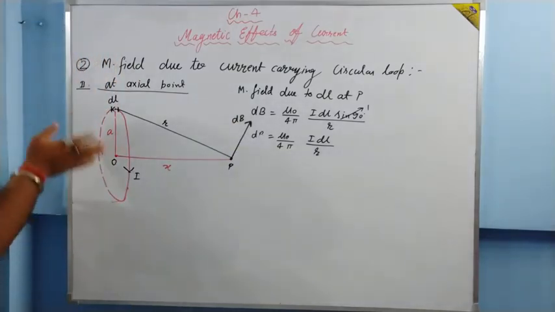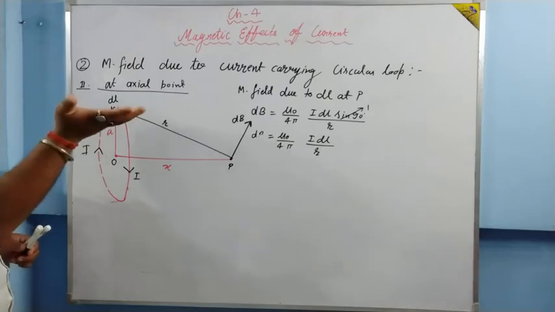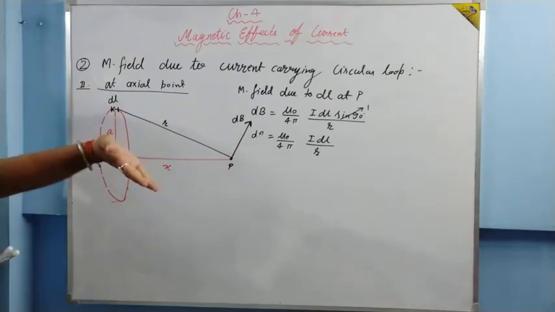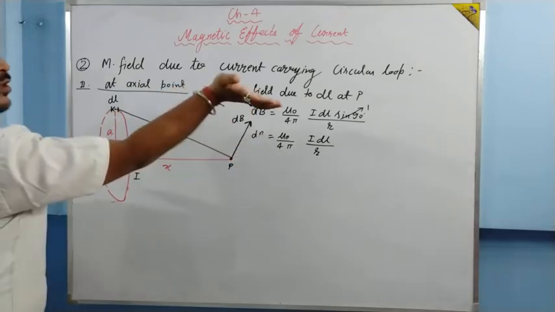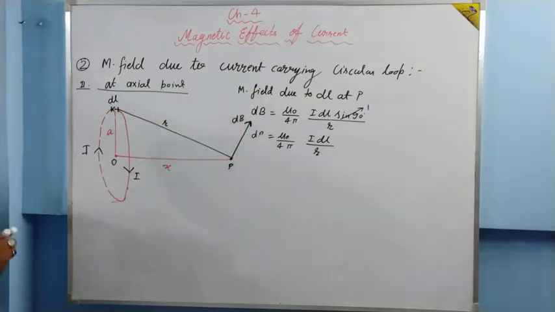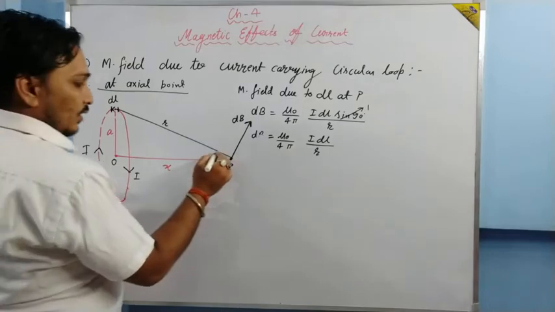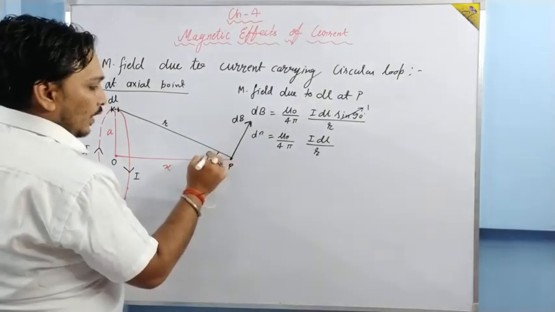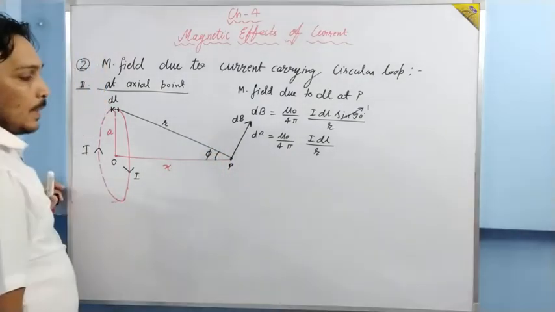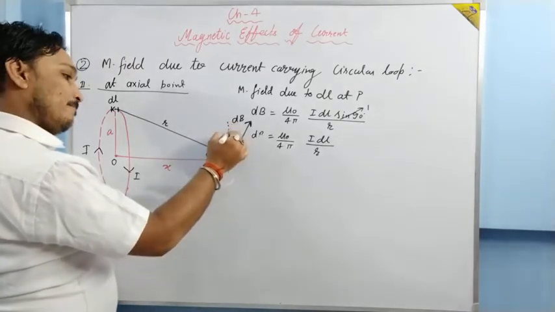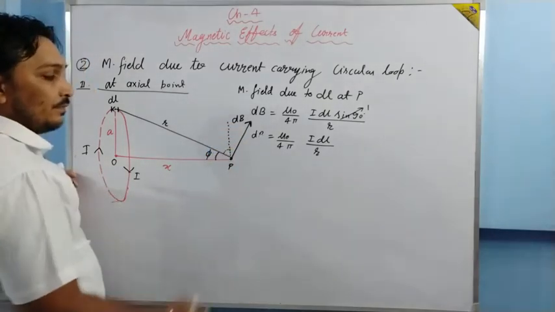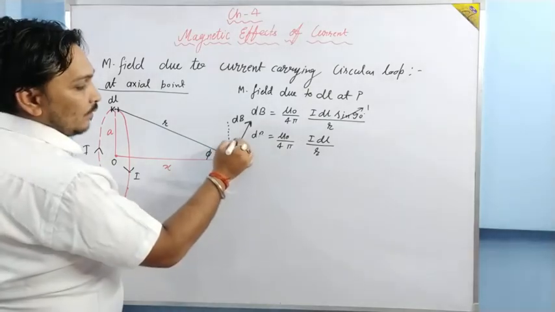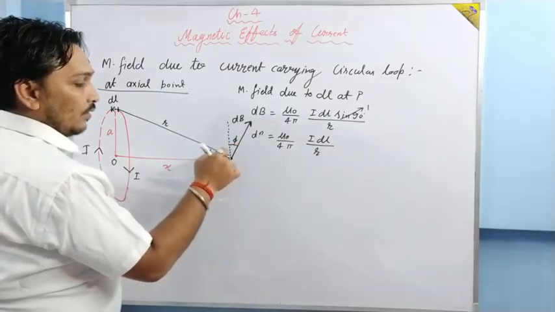Once again, dl is outward, r is in this direction. So what is the direction of palm face? This direction. So this will be the direction of dB. If we consider this angle as theta or phi, then this angle will be 90 minus phi, and this angle will be phi, right?